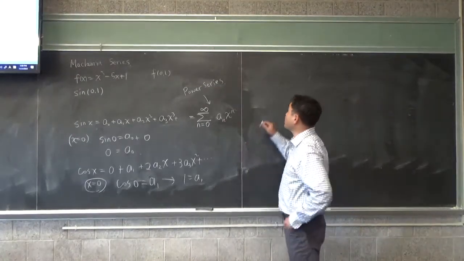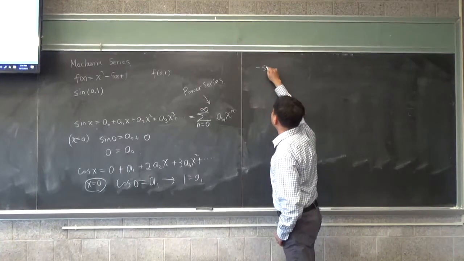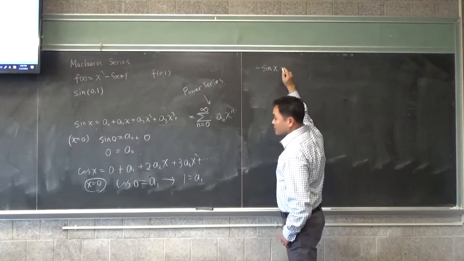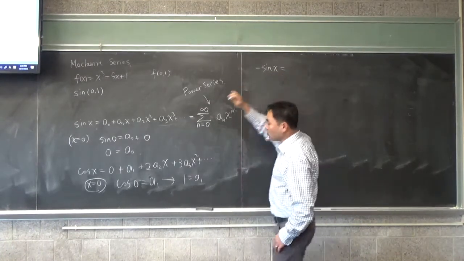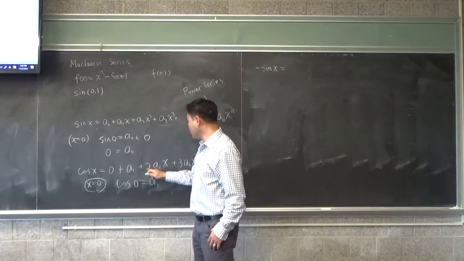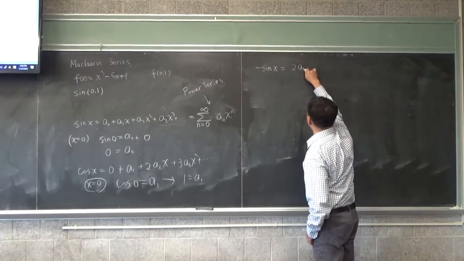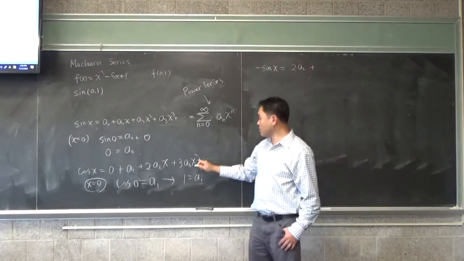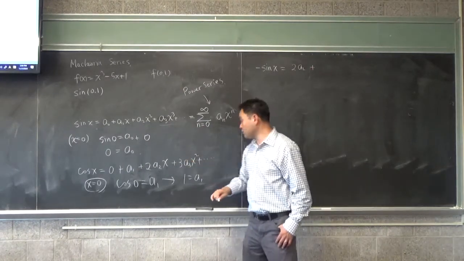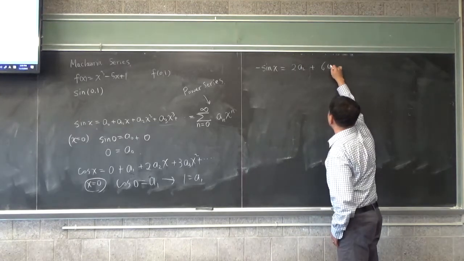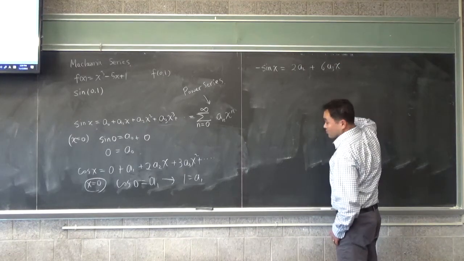If you differentiate this, you get negative sine of x equals A1 differentiates to 0, 2A2, x differentiates to 1, so you get 2A2. And then the 3 comes down when you differentiate, so it's 6A3 x.